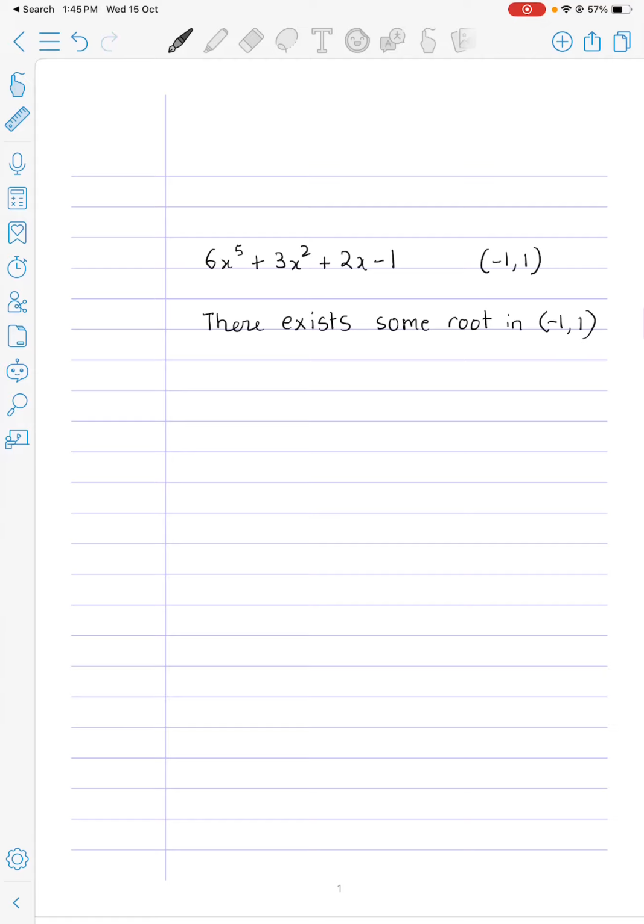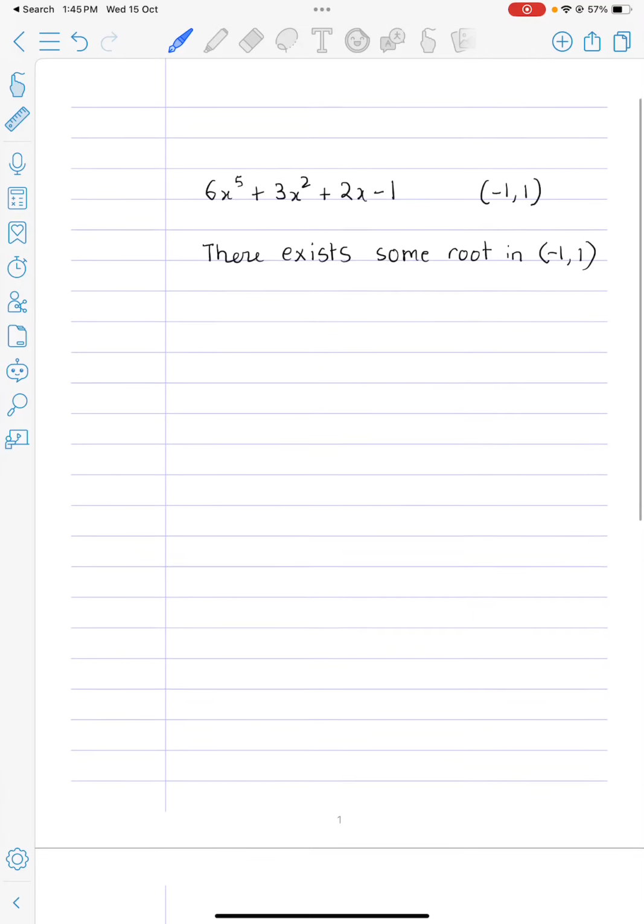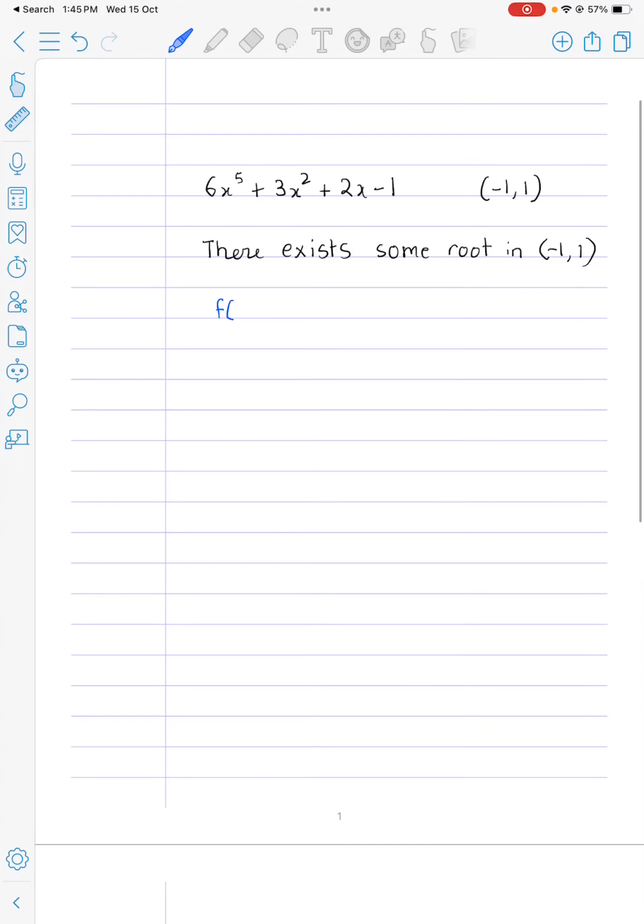Okay, so the way we are going to do that is that we are going to use Rolle's theorem. So you know Rolle's theorem.